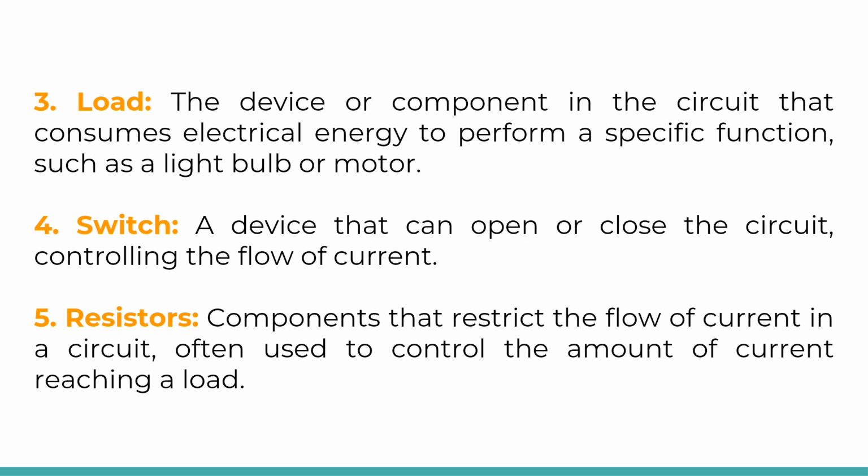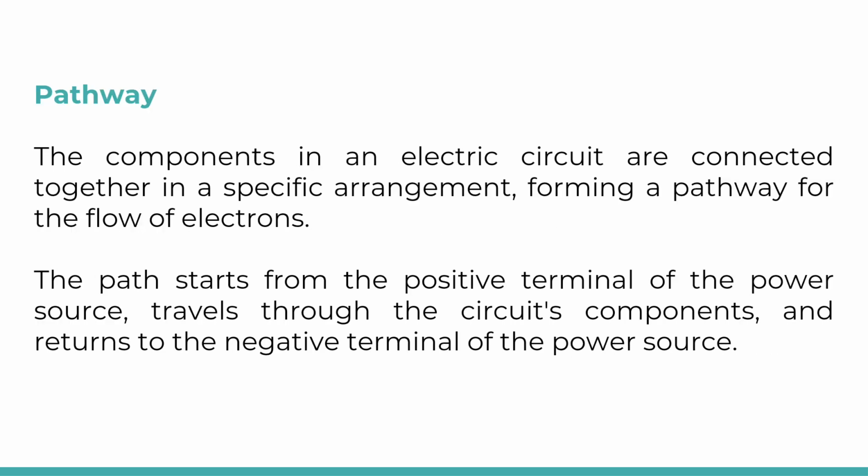Switch: a device that can open or close the circuit, controlling the flow of current. Resistors: components that restrict the flow of current in a circuit, often used to control the amount of current reaching a load.